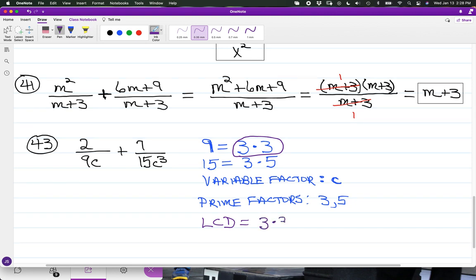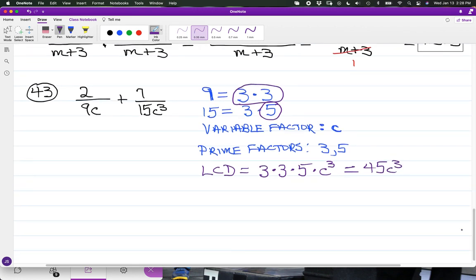For 3 it appears twice, and for 5 it appears one time. With the variable factor c, we have c and c to the third, so again we go with the highest degree. So 3 times 3 is 9, 9 times 5 is 45, and the least common denominator is going to be 45c cubed.